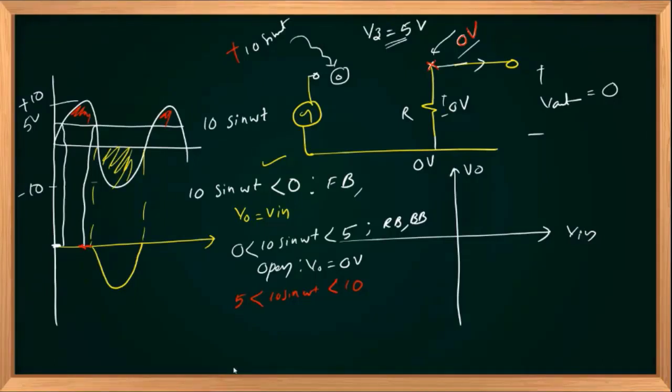Once the diode breaks down, you can replace it, as the diode was connected like this, with a VZ source with the cathode positive and anode negative. The value will be 5 volts, so it acts as an ideal voltage source.